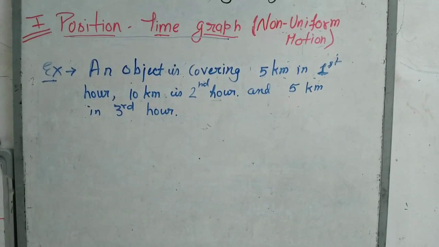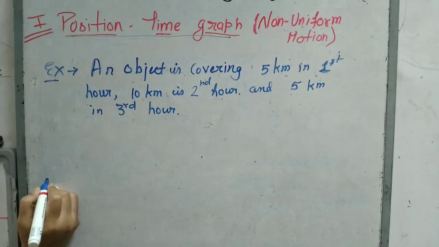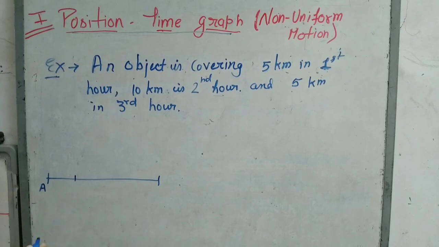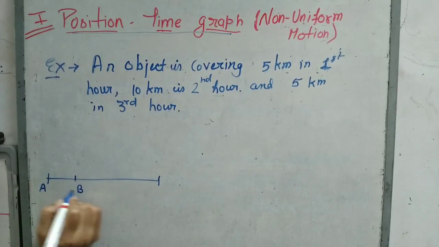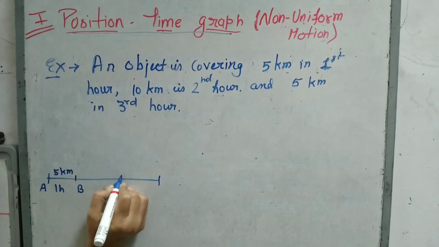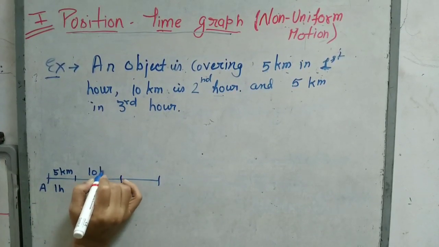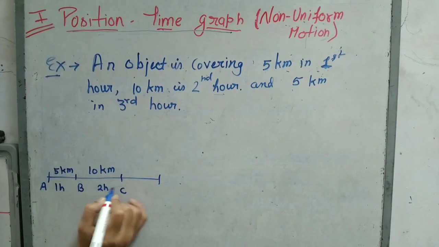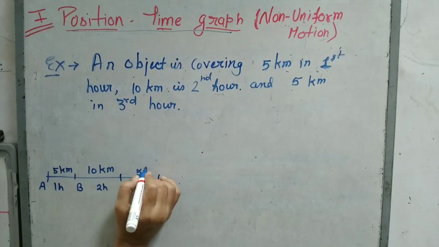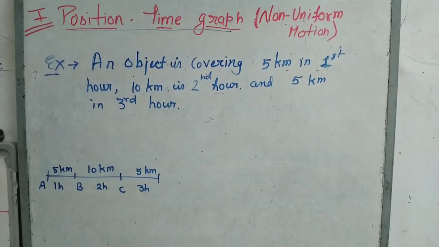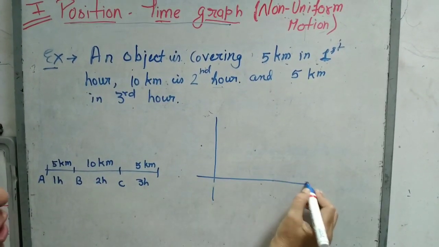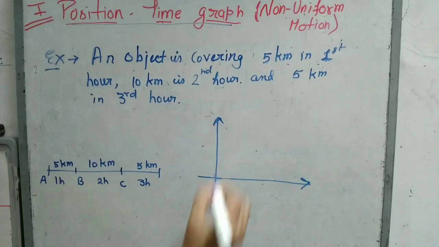Only then will the object move with non-uniform motion. Starting from A to B, the object has travelled 5 km in 1 hour. B to C, it covered 10 km in the second hour, and in the third hour the object travelled 5 km. So now we will start drawing the graph of the given condition.